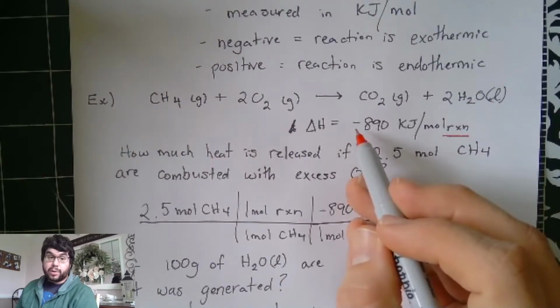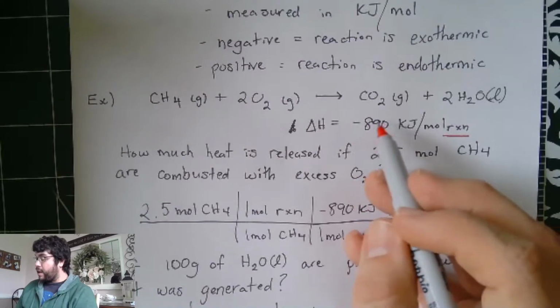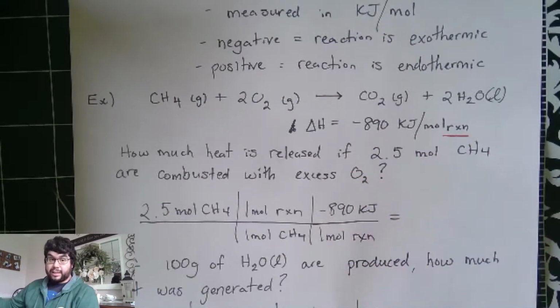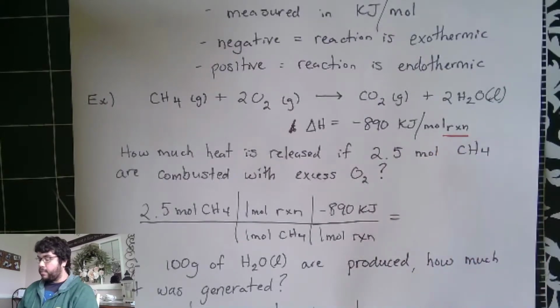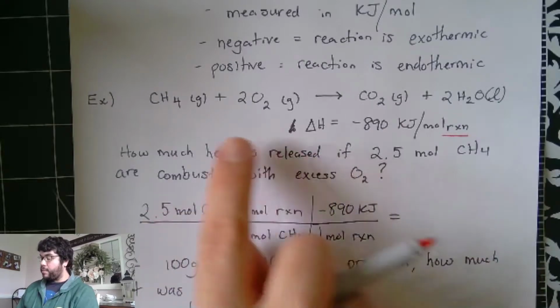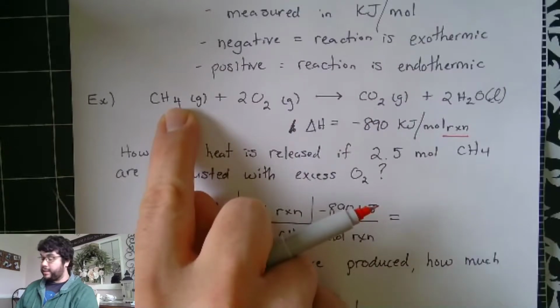It's a negative number, so that means this reaction is exothermic, and that means that this amount of energy would release if this reaction were to happen a mole number of times. That's, again, a weird term, but it's important because we're going to relate this to how many moles of each reactant are being used in the process.